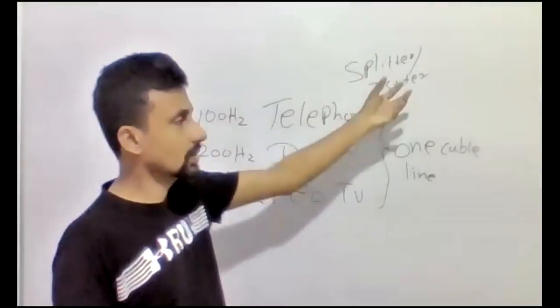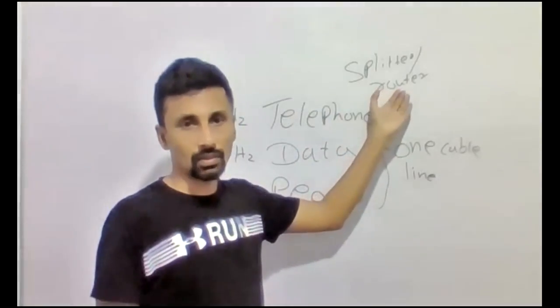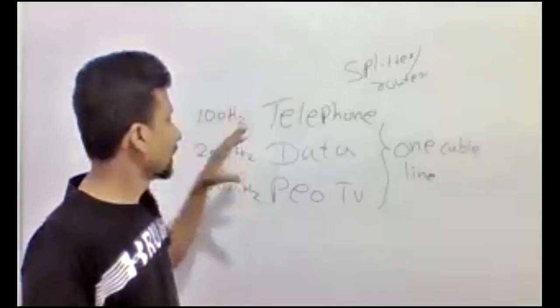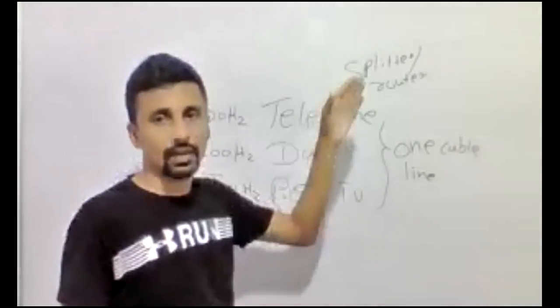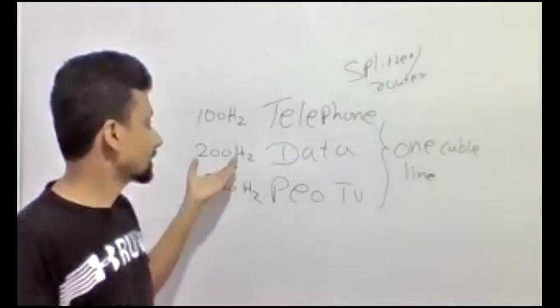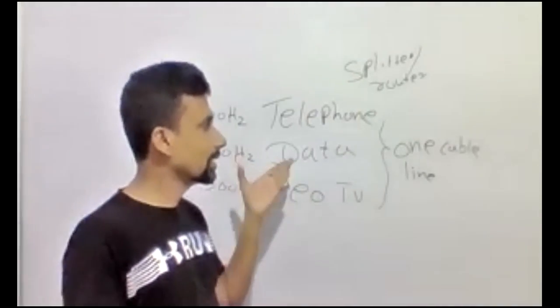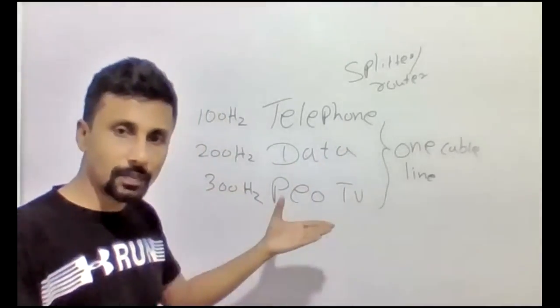Now in the splitter of the router, we have three cables connected. So it can understand, okay, this is coming with 100 hertz, I have to send it to the telephone line. If it is 200 hertz, I have to send it to the data line. If it is 300, I have to send it to the POTV.